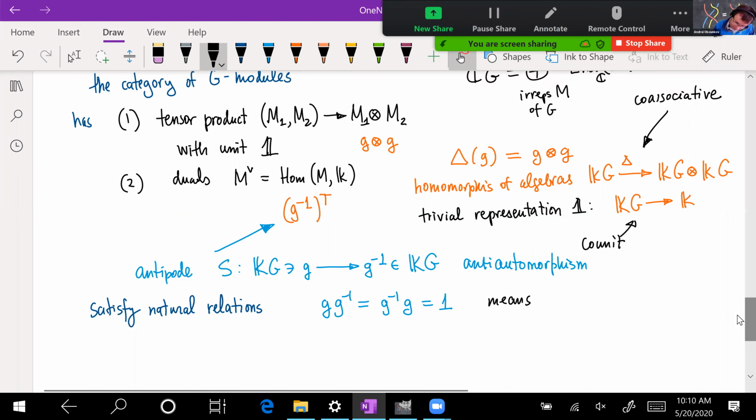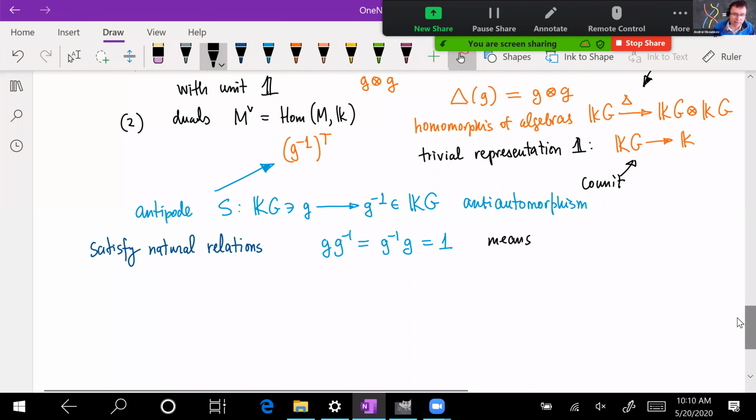There's a convenient graphical calculus, and I have to recommend the book by Chari and Pressley, which I think is a marvelous book about quantum groups.